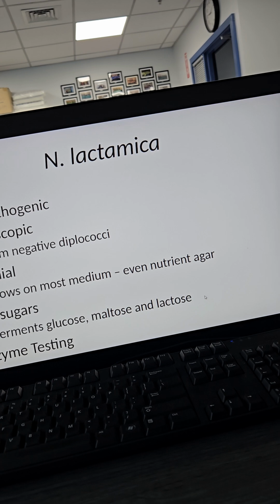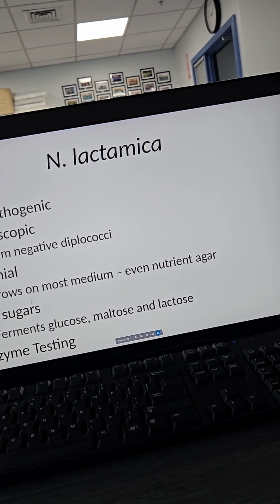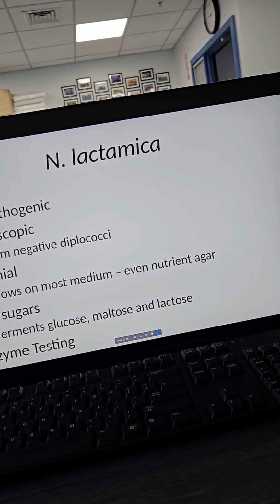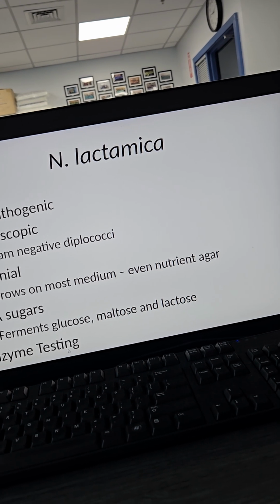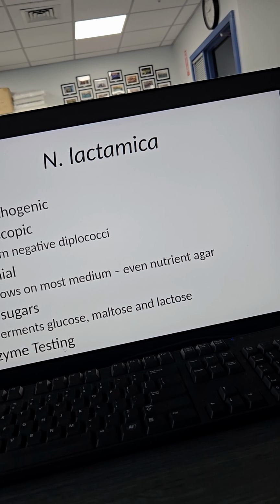Now, this is one of the reasons why we don't usually do the sugar testing. Instead, we do the enzyme testing to find out what enzyme the actual organism produces and has.